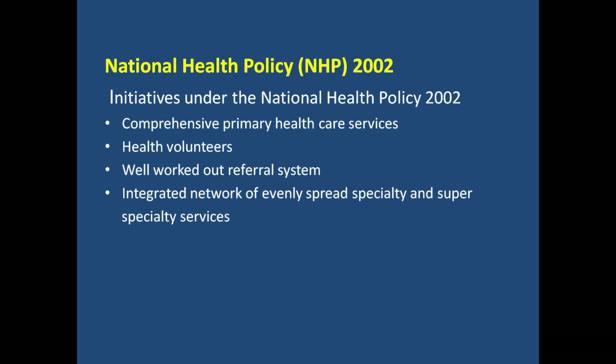They wanted to stress health volunteers, then a well worked out reference system, because people who are referred to higher level centers should have only proper referral. Otherwise, there is unnecessary undue load on the higher levels of healthcare, the tertiary care. And most patients who can be managed in primary healthcare end up in tertiary healthcare.